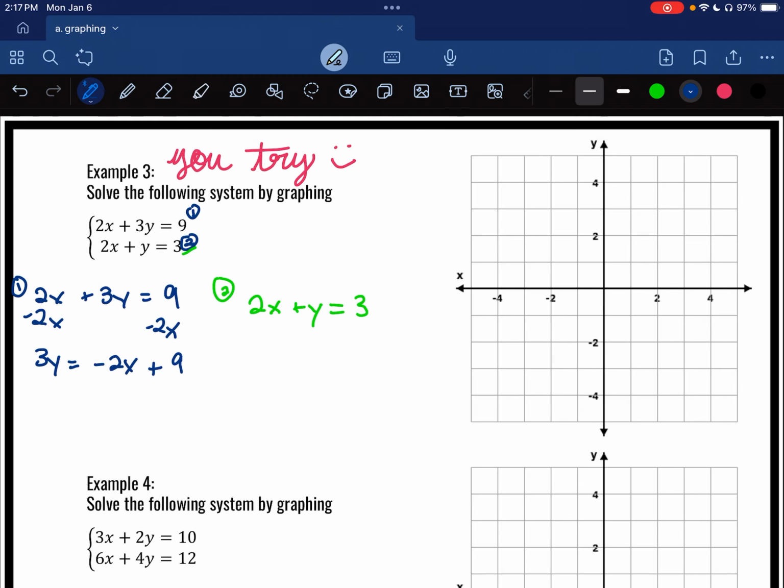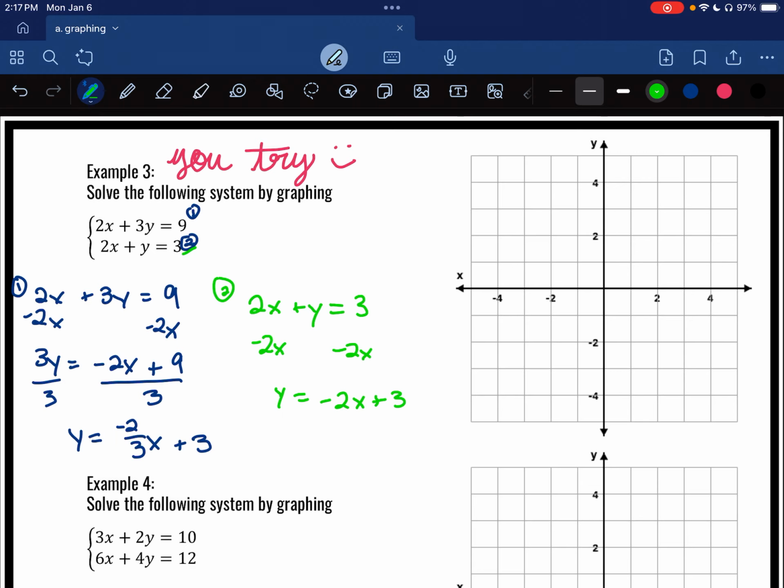Plus 9. Then now I can divide everything by 3. Now y is negative 2/3 x plus 3. Alright, and then over here, our second one, we only have to subtract 2x, and we'll end up with y is equal to negative 2x plus 3.